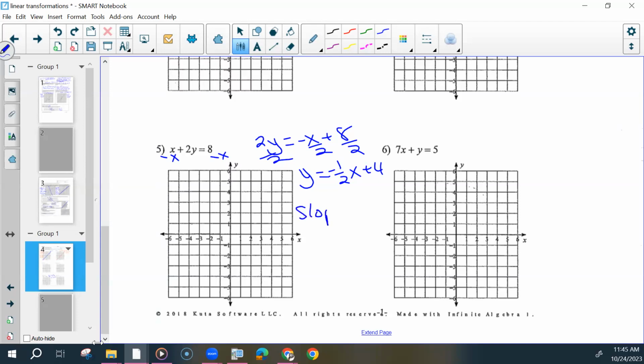And it was, let's see. So the slope was reflected and is less steep by 1, so both of those things. And the y-intercept was shifted up by.